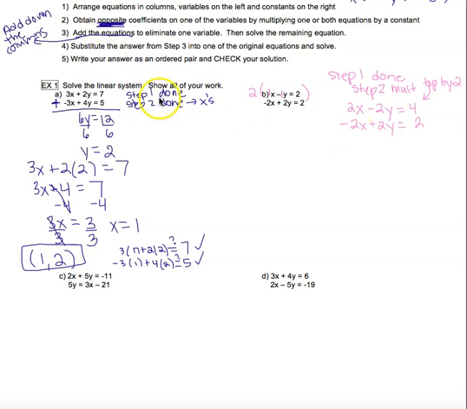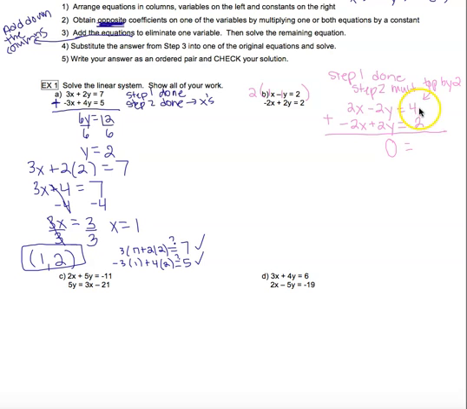So step 3, add the equations in those columns. 2x plus negative 2x, those are opposites. Those cancel out. Go to the y's. Negative 2y plus 2y, those also cancel. So I've got nothing left, which means I have 0 left.